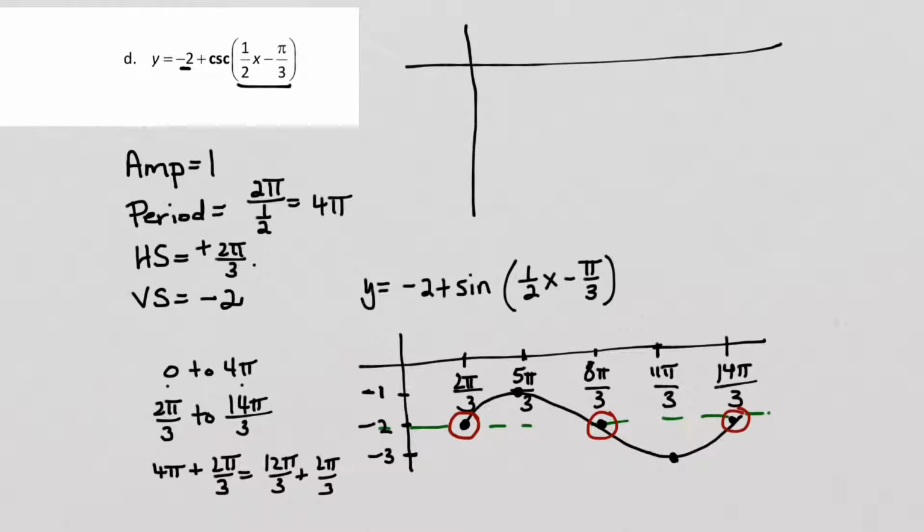So I'll label the y-axis, and then label the x-axis. I'm going to put it on the top. So 2 pi over 3, 5 pi over 3, 8 pi over 3, 11, and 14.